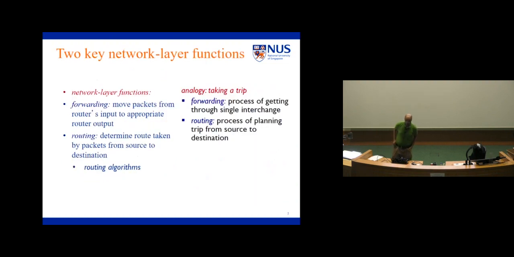Okay. So in terms of the functions that the network layer provides, there are two things that any network layer, that means every router or even your own device, will provide. One is called forwarding, the other is called routing. So in a typical router in the internet, it has many wires coming in, it has many wires going out.